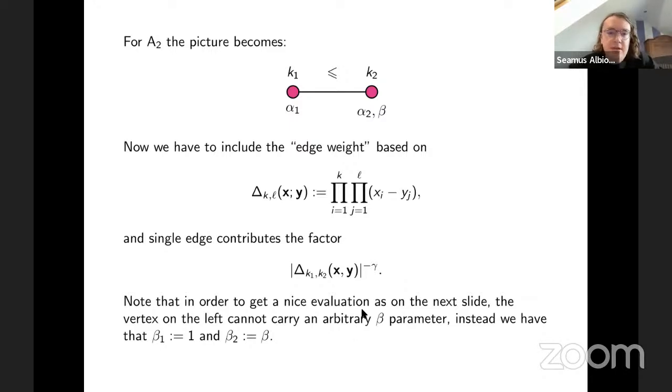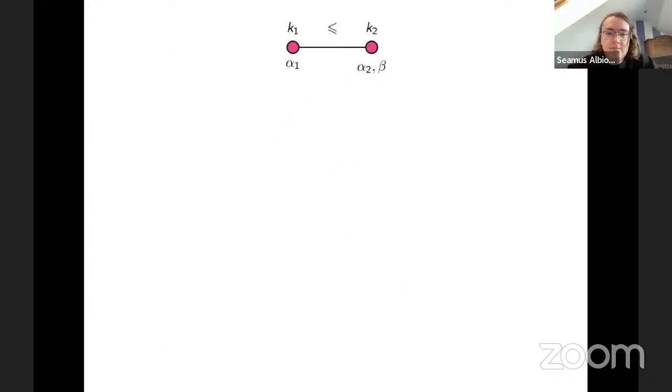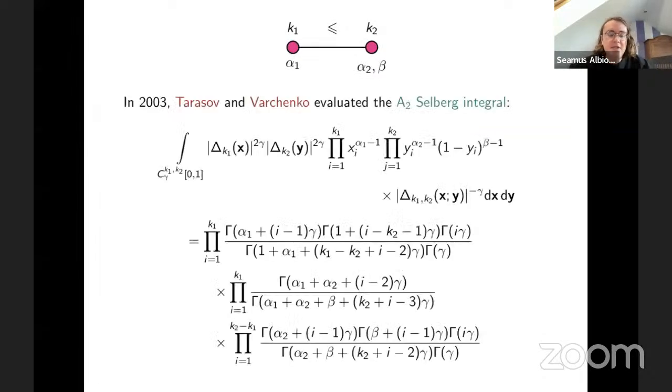Okay. So now I've given you the recipe. I should give you the integral. So here's the Dynkin diagram. We'll keep it hanging around. And so in 2003, Tarasov and Varchenko evaluated the first instance of a higher rank Selberg integral, which I'm calling the A2 Selberg integral. And so, as I said, you only have a single beta, which is attached to this second vertex.